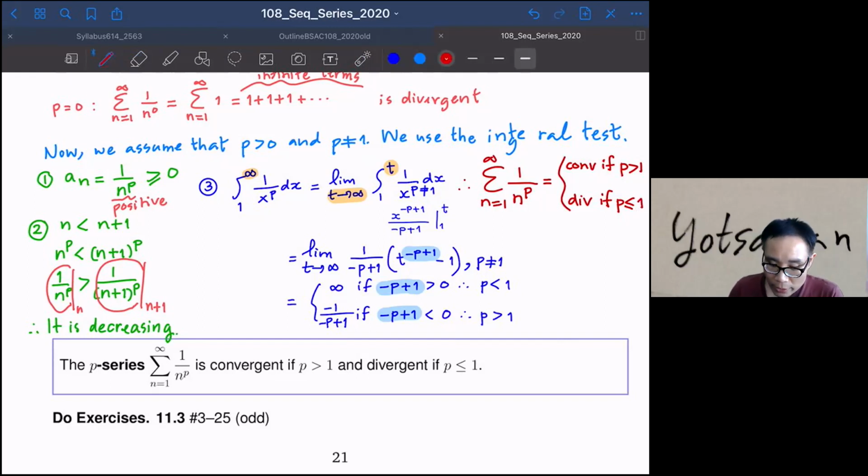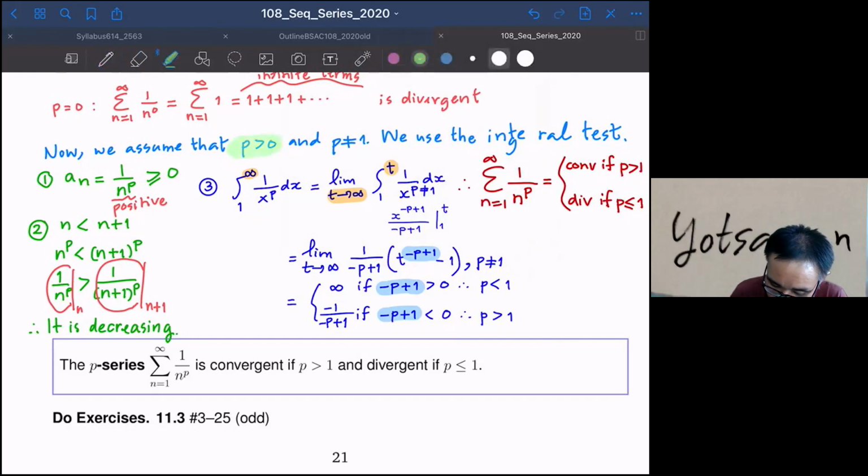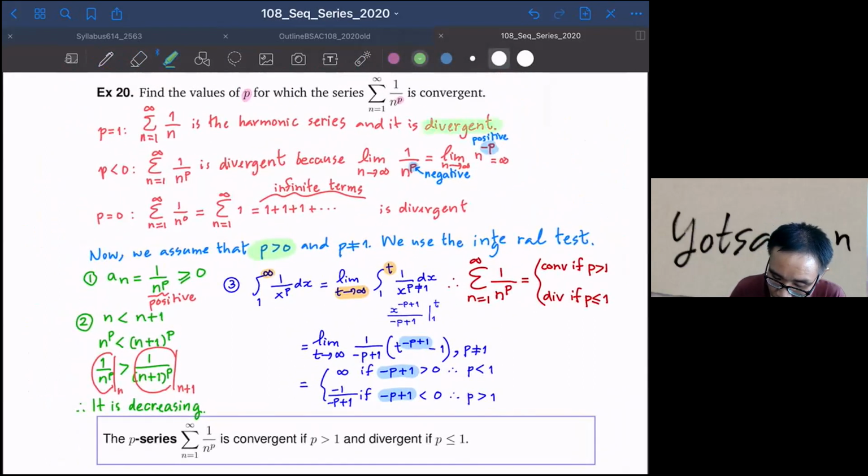One thing that you may notice here is that you are assuming p positive. However, we have divergence for these cases also, so you can combine them with this green case.